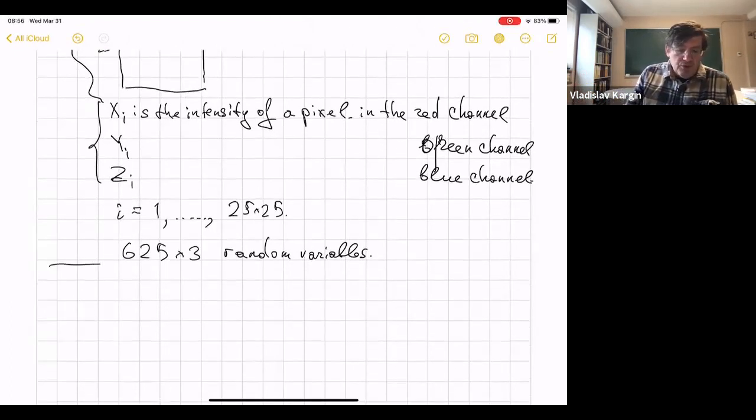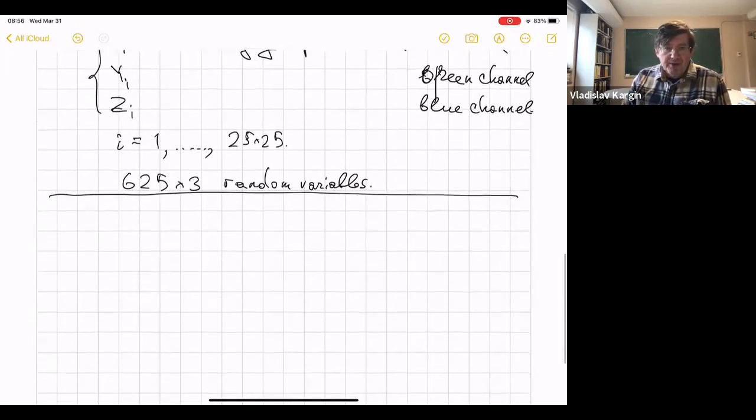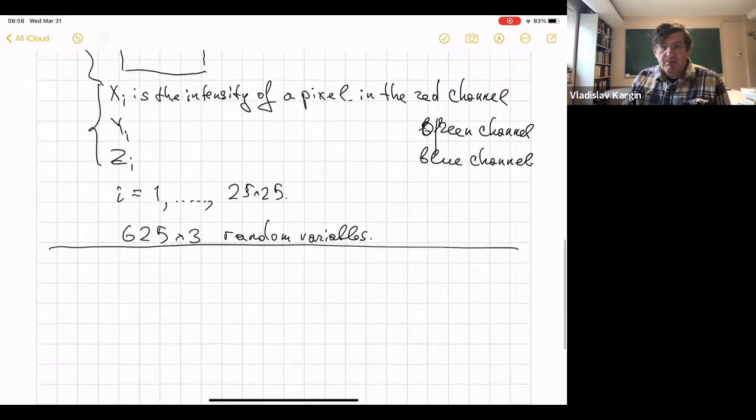Right, and so right now what we are going to do is to look at the basics of this description, the joint distribution of the random variables. In comparison with the univariate distribution, it's much more complicated, right? And we will see later that there are not many models.